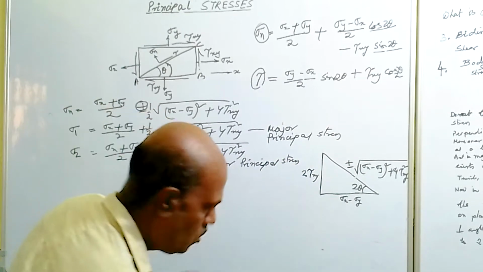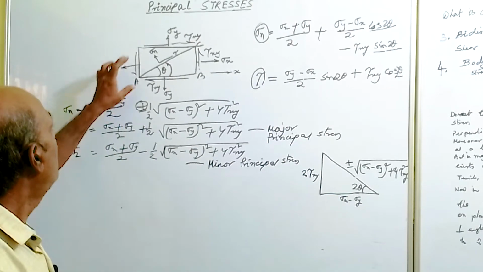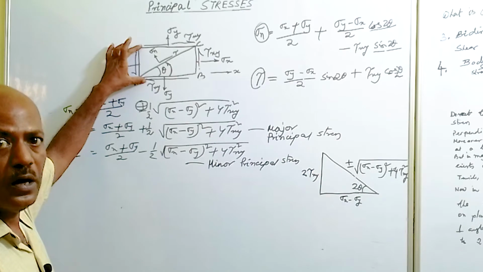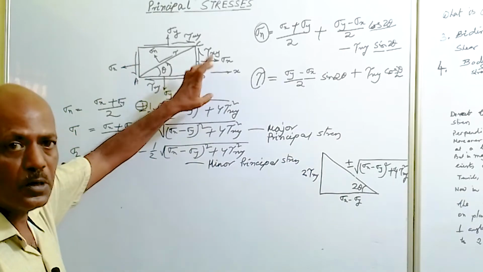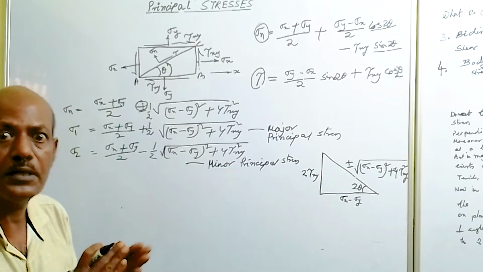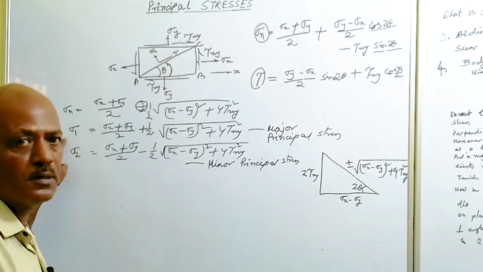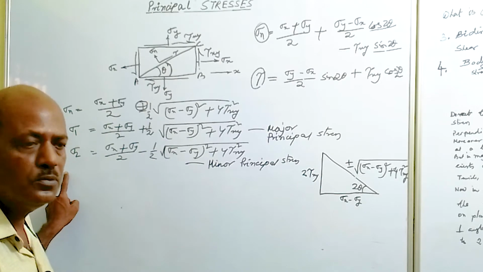So from this, what we have got is, in a stressed body, there are some planes where only normal stress exists, and that normal stress is given by sigma 1 and sigma 2.